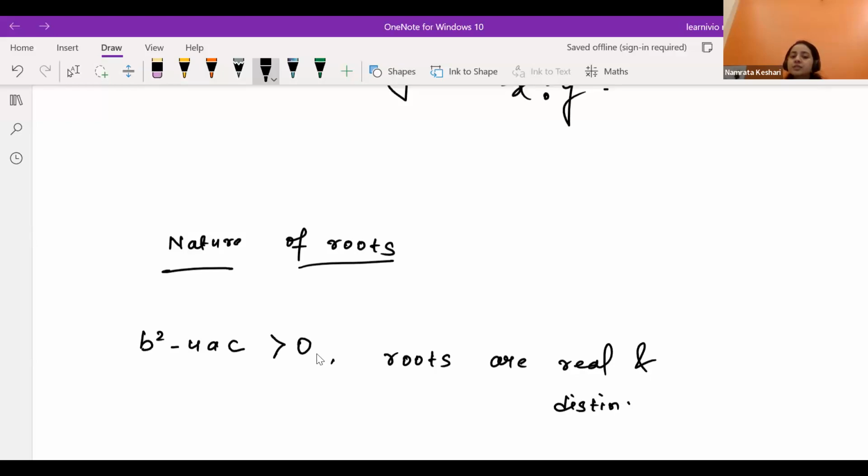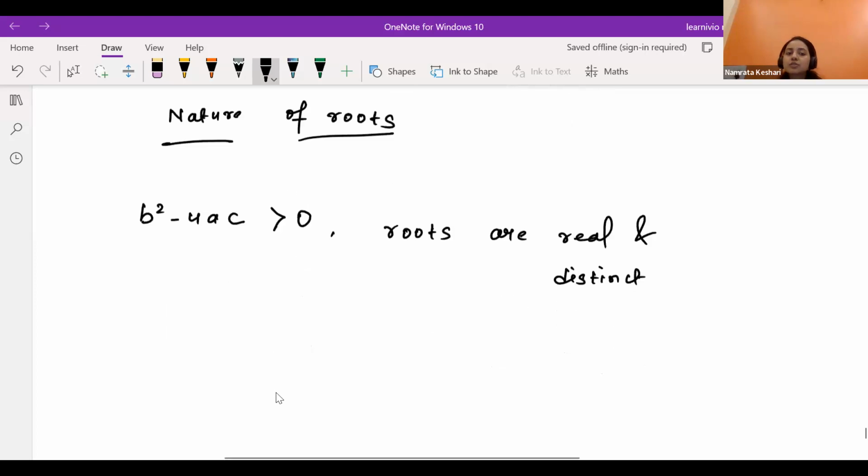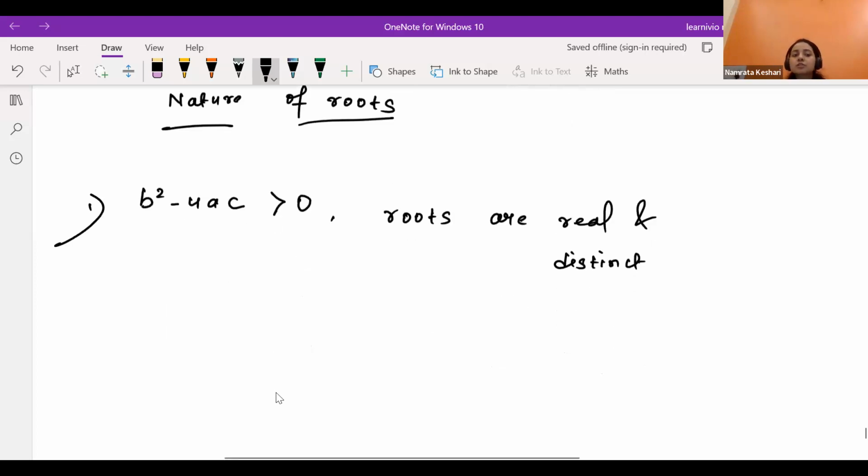Whatever x values we get from the quadratic equation will be different and real, meaning real numbers. That was the first case. The second case was when b square minus 4ac is equal to 0.